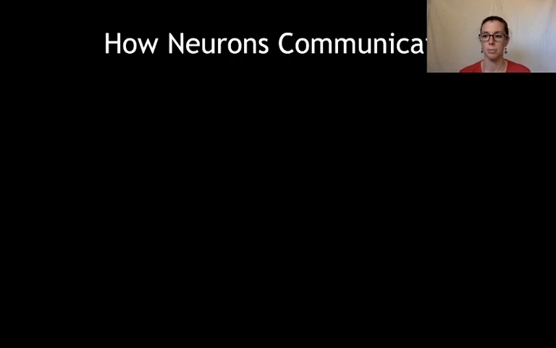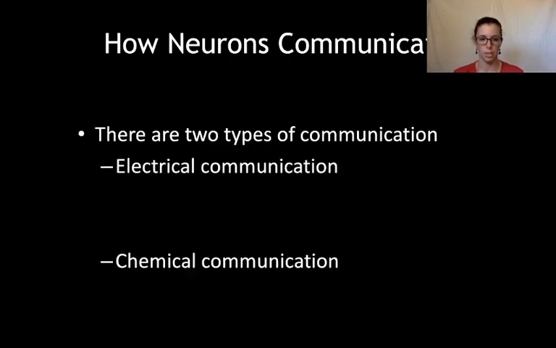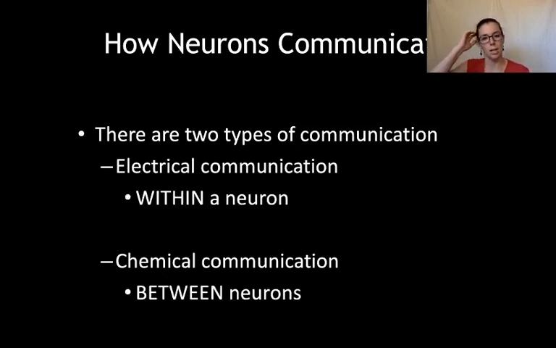So how do neurons communicate? Well, there are two types of communication for neurons. The first is electrical and the second is chemical. Okay, so information within the neuron is electrical. What does that mean? Well, it means that the action potential, or the electrical firing of a neuron, is electrical.